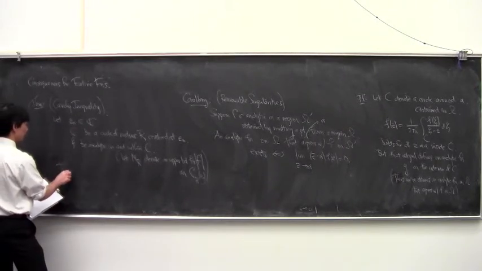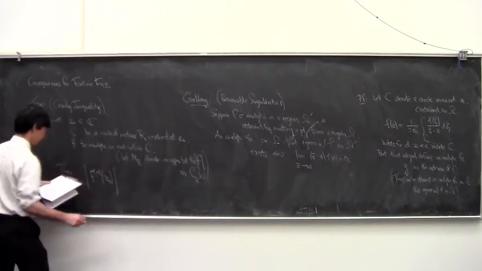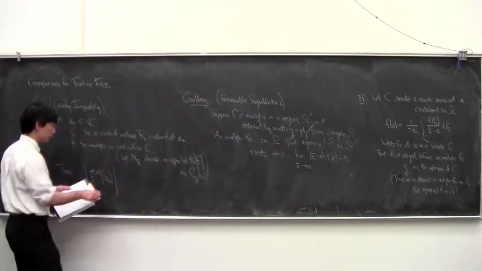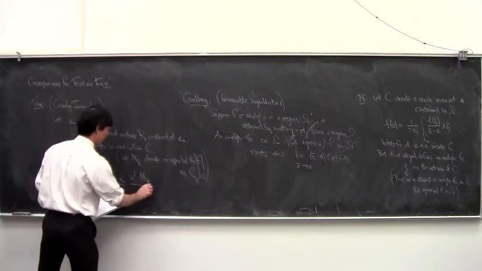Then we have bounds for the nth derivatives at z naught. The nth derivative at z naught is controlled by n factorial M sub r over r to the n.